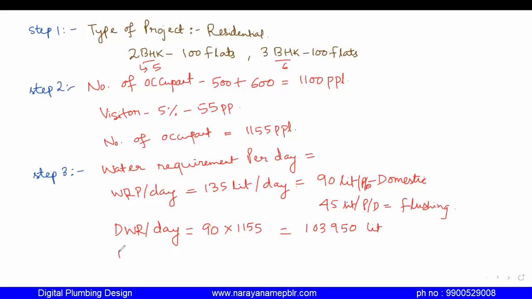And for the flushing water requirement per day, 45, it will come to roughly 50%, around 52 or something. Yes, 51,975 liters.